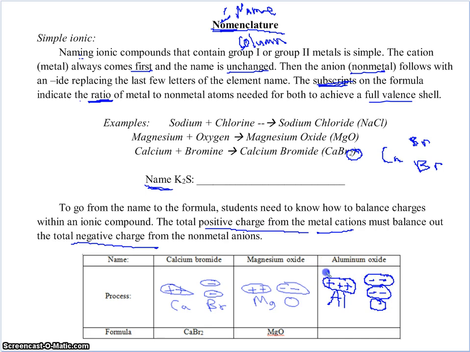But now I need more positives. Oh, this isn't good. Now I have 6, I have 4. Actually, look. Okay, it actually works out. So here my formula would be Al2O3 to balance out all the charges. And I can get that just from aluminum oxide. Interesting, I don't need to know anything else. I can just predict it based on the charges.